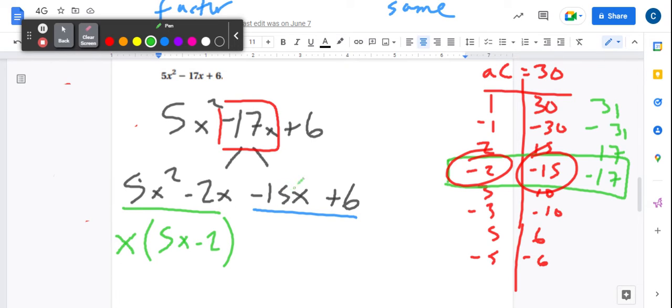Now we have negative 15x plus 6. I'm going to leave this as a plus 6.